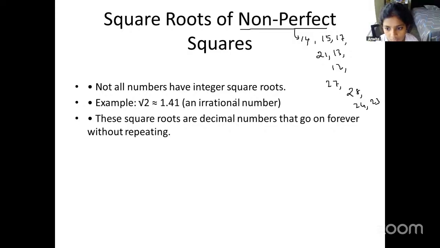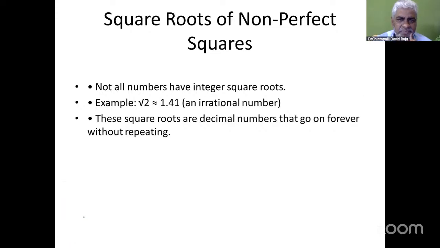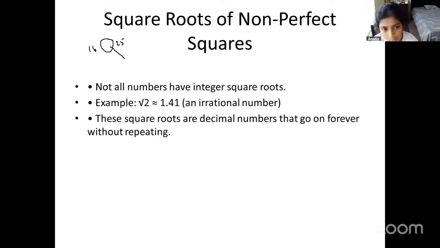Very good. Now, write the sentence shown on the slide. Not all numbers have integer square roots, sir. Perfect. Have you understood the meaning of this first bullet point? Yes, sir. 16 has a square root. 25 has a square root, right? There are some integers between 16 and 25 which have no integer square roots, right?